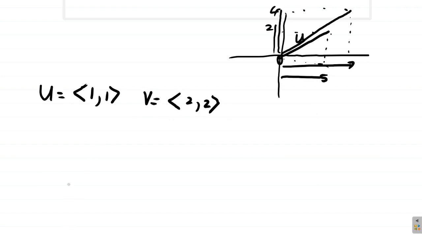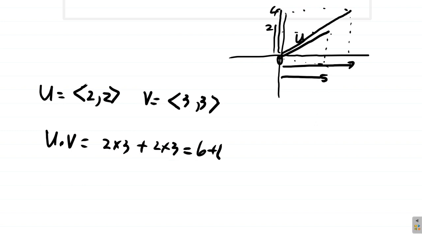Oh, let's not bother with that. Let's not use 1. 1 times anything gives you 1. So it won't be as exciting if you use 1. 2, 2, and 3, 3. What is u dot v? It will be 2 times 3 plus 2 times 3, which is 6 plus 6 equals 12. Alright?